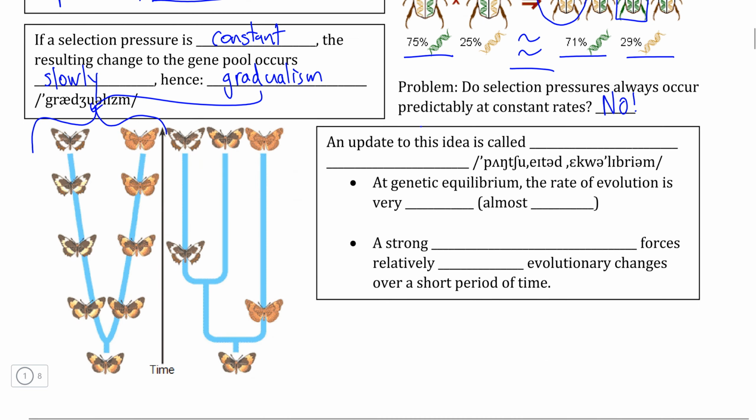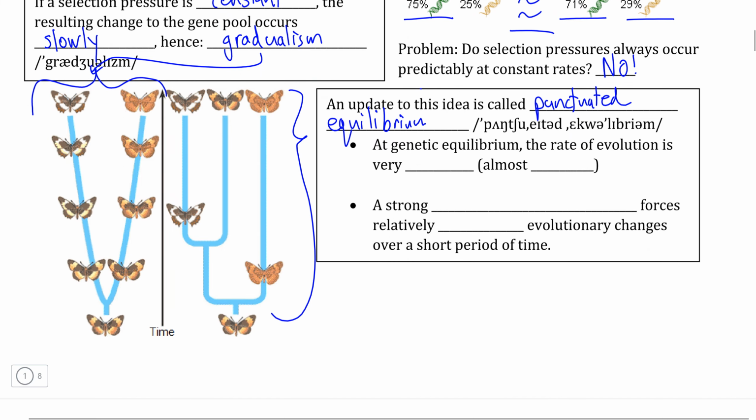Now, in the event that a very strong selection pressure occurs, we get another pattern of evolution, which is what we call punctuated equilibrium. And this diagram that we have here is actually a very good summary of how punctuated equilibrium occurs.